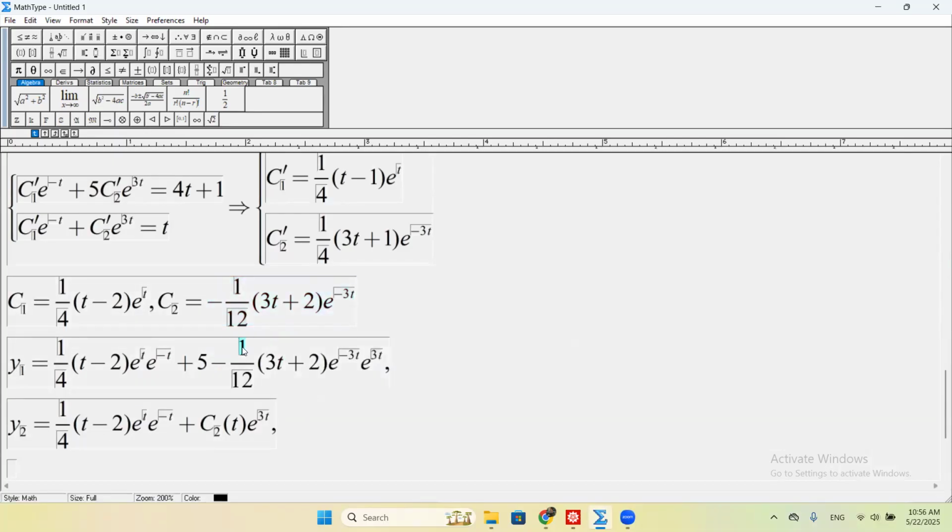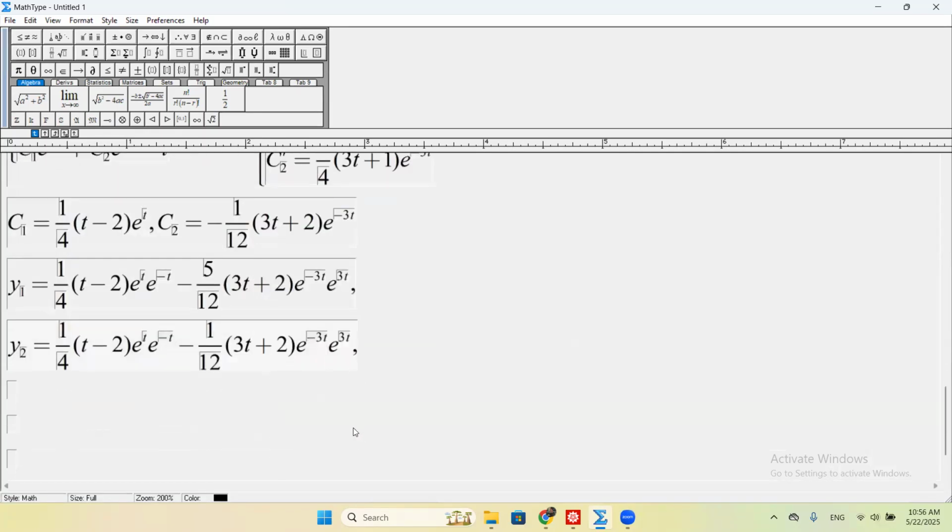So minus 5 over 12. Here minus 1 over 12. So what will be simplified here? I will eliminate the exponents for both parts.